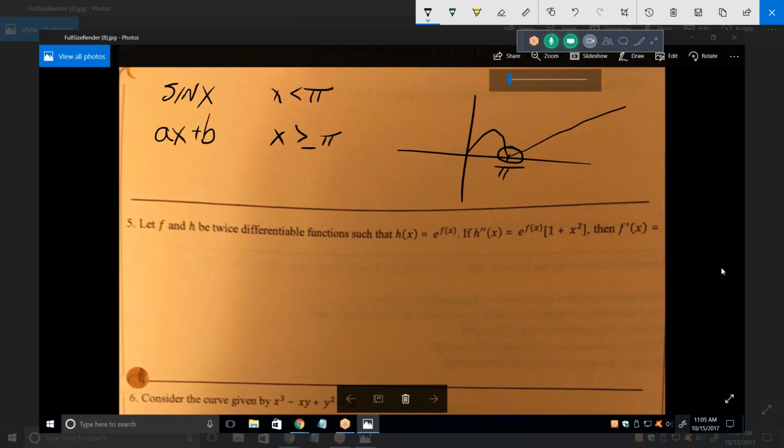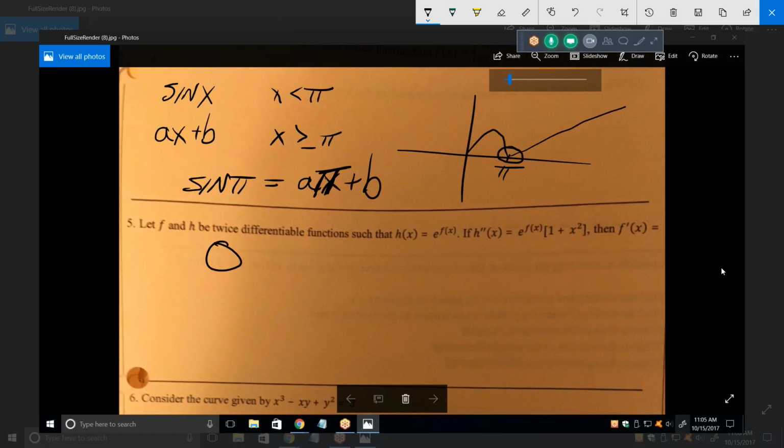They're meeting, because they're equal. In other words, the sine of pi is equal to a pi plus b. Now, the sine of pi is 0.